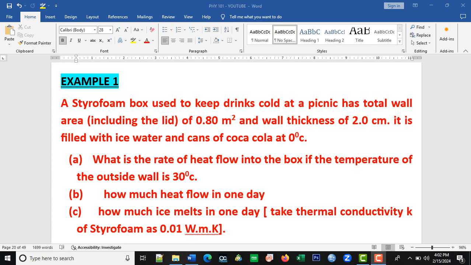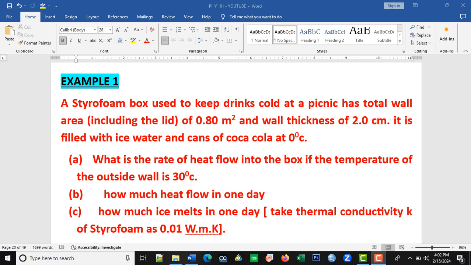Okay, looking at this question here, the area is given, in meter square, and here we have the thickness. Of course, this would also represent length, and this is in centimeter, while this one is meter square.